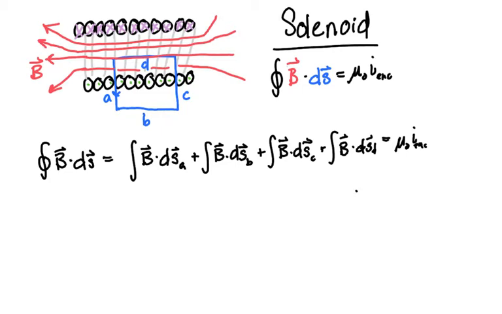So if we do a quick vector diagram, we have the magnetic field and we have ds sub A. The angle between our vectors is 90 degrees, and we can break out our dot product into magnitude and angle form. And the cosine of 90 degrees is 0. So that means that there is zero contribution along that vector because they are perpendicular.